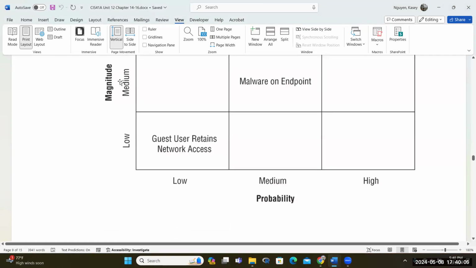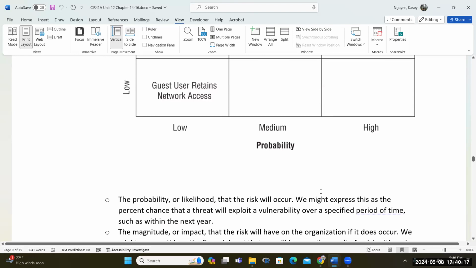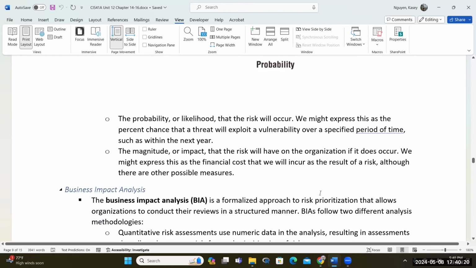And then across, here's your Y, here's your X. That's going to be the probability. Low, medium, or high. Now, if we quantify this, this will be a percentage, right? A number. Okay.